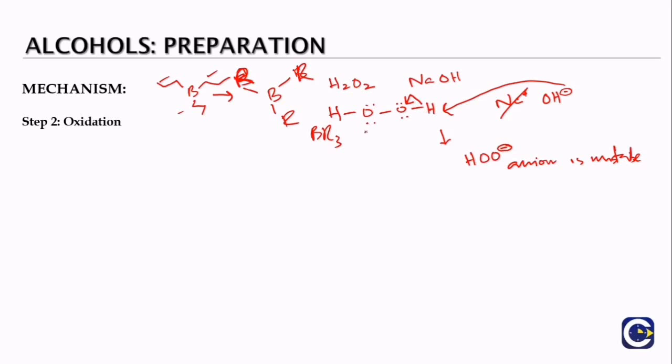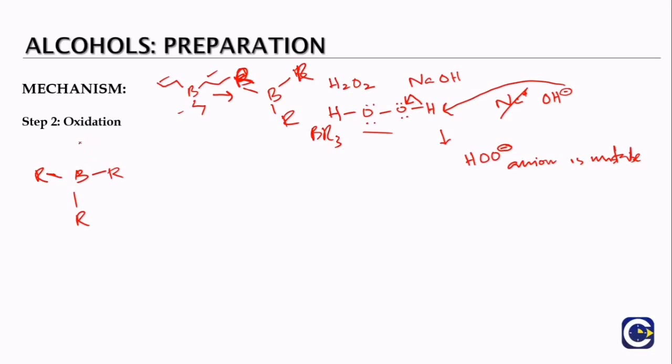Deprotonation of the peroxide gives us this anion, which is very unstable and hence very reactive. Now this anion is going to attack the trialkyl boron, sorry, not bromine, I am repeatedly saying it. It is trialkyl boron, so these are three R groups attached to it.